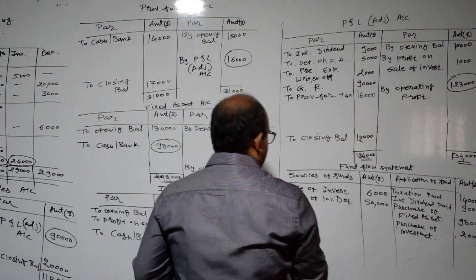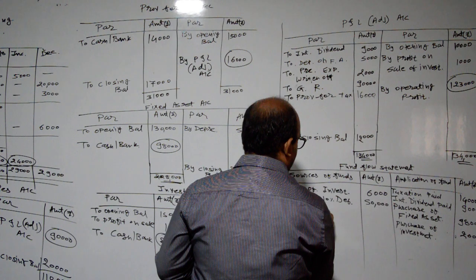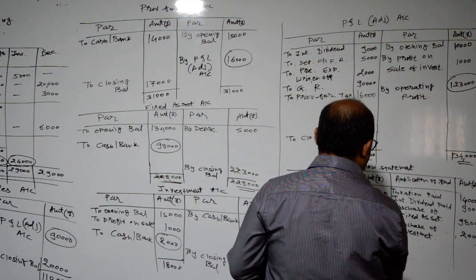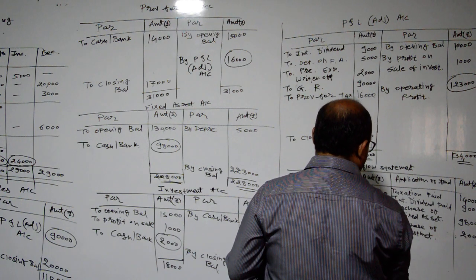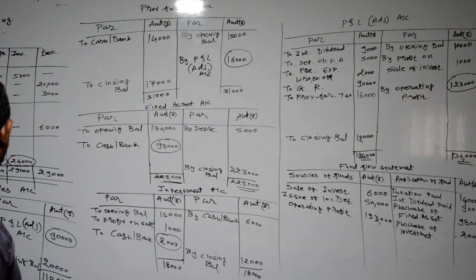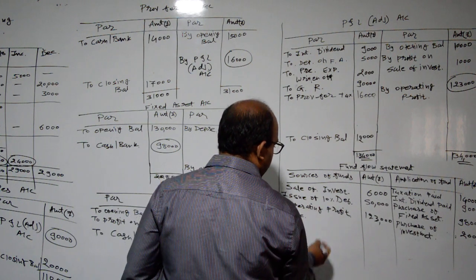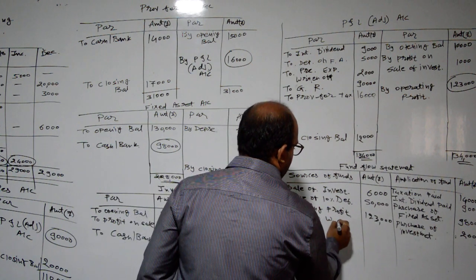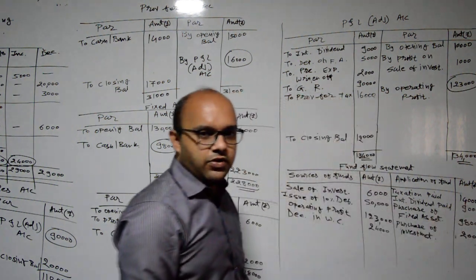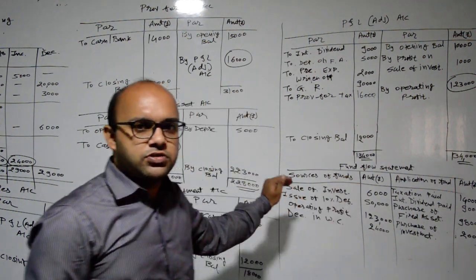In fund flow statement, on sources of fund side, operating profit will be shown. Operating profit rupees 1,23,000. And another item pending for writing here is our statement showing changes in working capital, decrease in working capital rupees 24,000. So we will write it down here, decrease in working capital 24,000. If there is an increase, then effect will be given on application of fund side, but in case of decrease, effect will be given on sources of fund side.